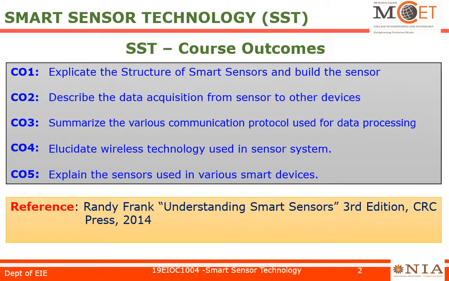The third one is summarize the various communication protocols used for data processing. The fourth one is elucidate wireless technology used in smart sensor systems. And the fifth one is explain the sensors used in various smart devices that include mobile phones, automobiles, and wearable devices.